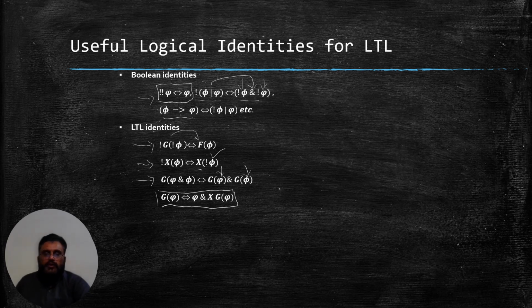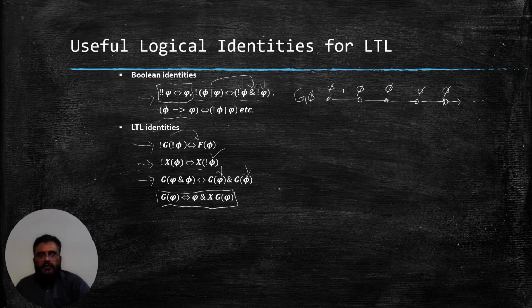I showed you on the previous slide that we can model some formula G phi by means of an infinite trace. It meant that phi is going to be true on all the possible instances. So what does this mean?